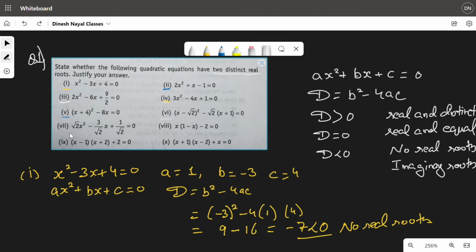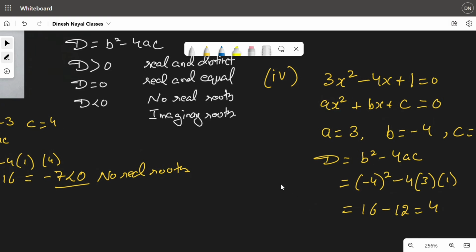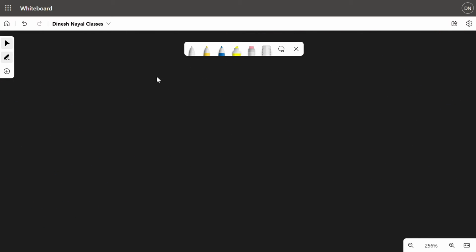The question 7 states that under root 2 x square minus 3 by root 2x plus 1 by root 2 equals 0. So writing it over here, the seventh part.